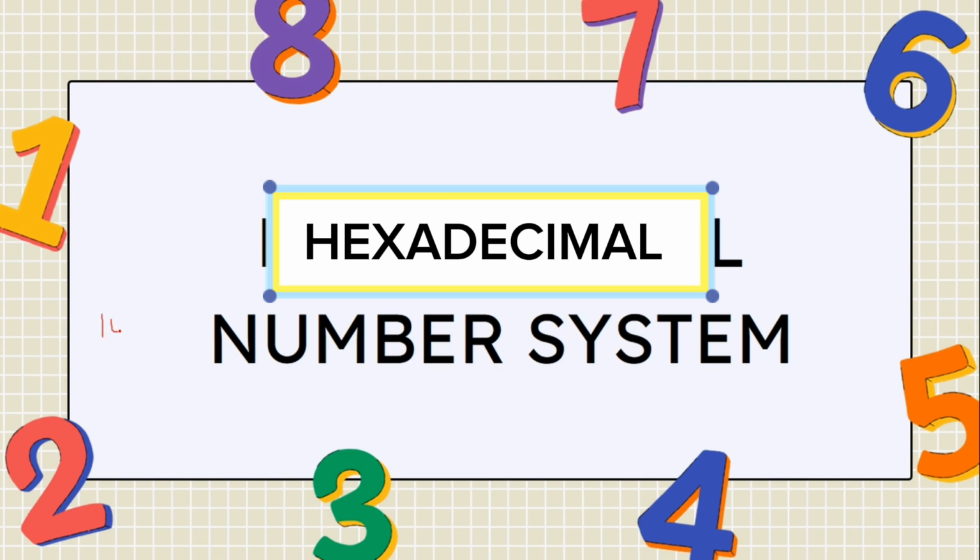In the hexadecimal system, the digits from 0 to 9 are numbers only.